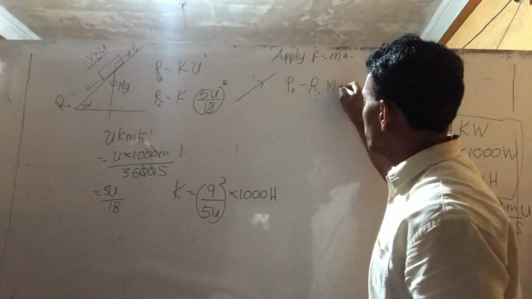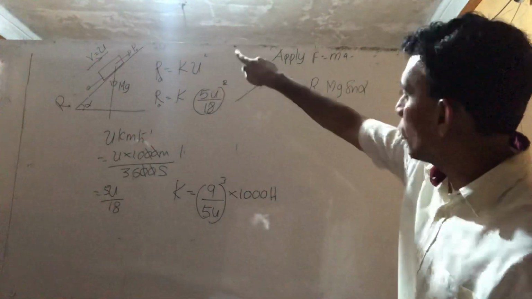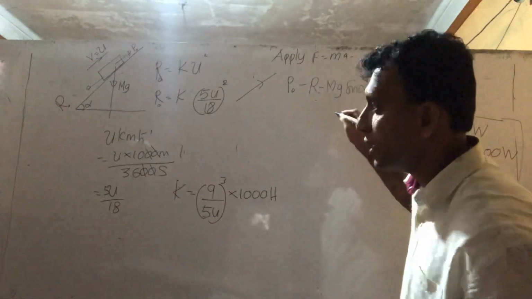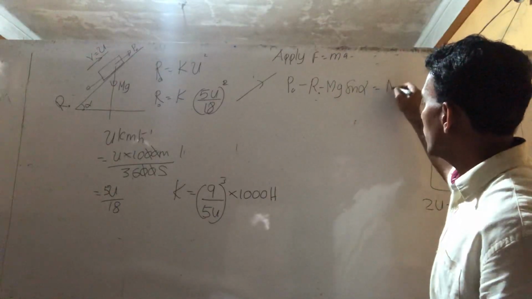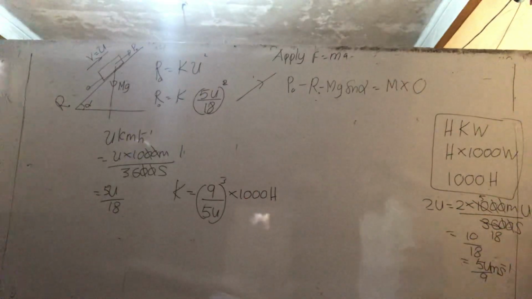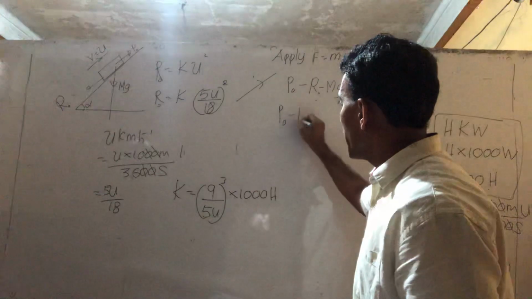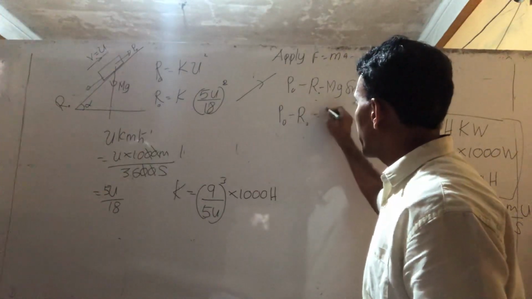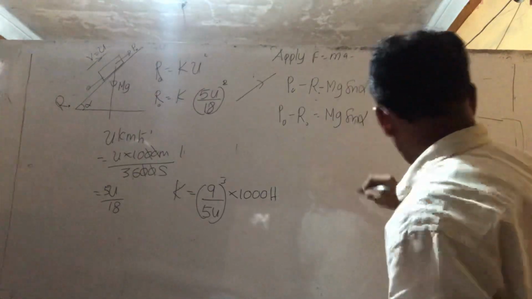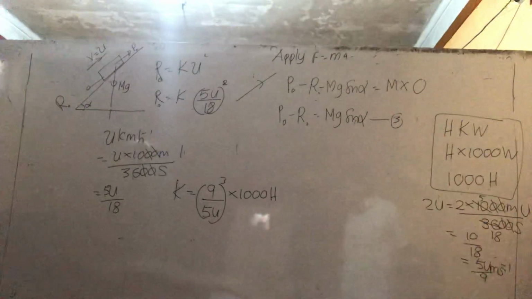P naught minus R naught equals mass m times acceleration, but here also uniform velocity, acceleration is 0. Therefore P naught minus R naught equals mg sin alpha. I call this my third equation, because we completed the first two earlier.